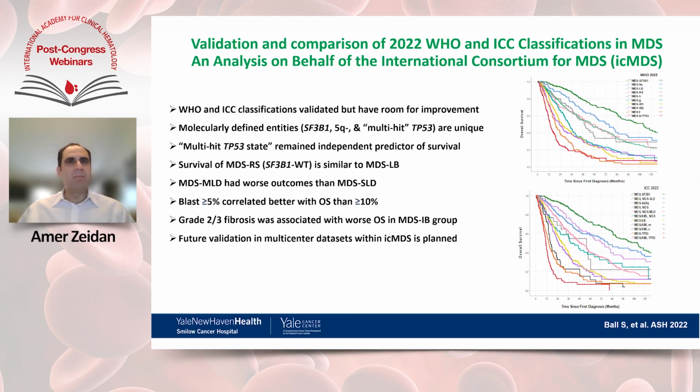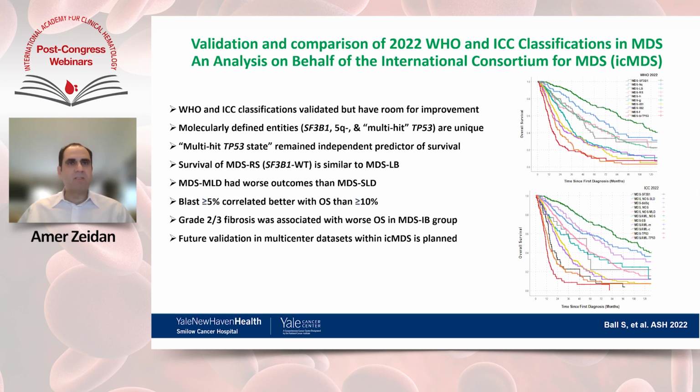And at the same time, that the blast count more than 5% correlated better with OS than more than 10%. And I think that's important because I think MDS with excess blasts generally, in many ways, should be approached as a single entity in the absence of certain genetic alterations.